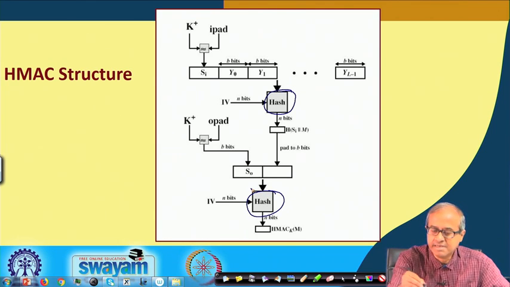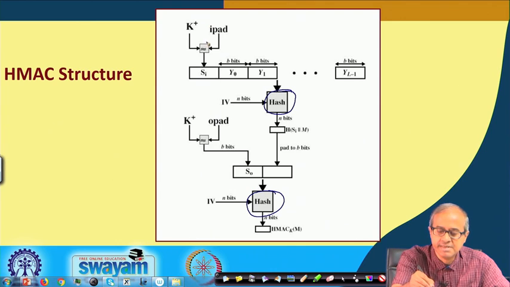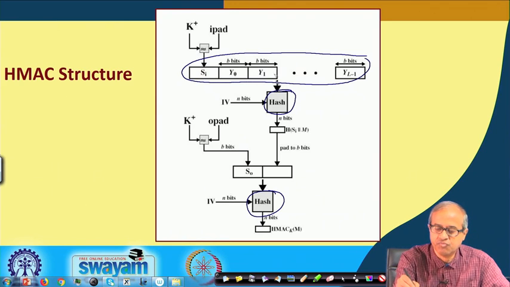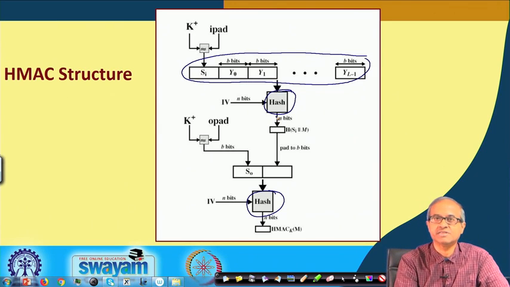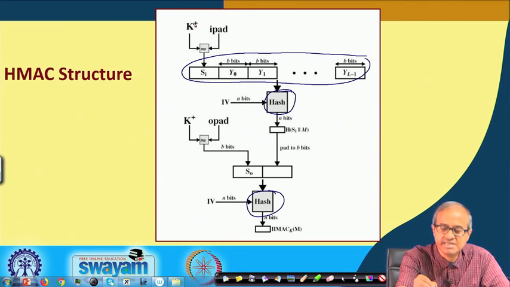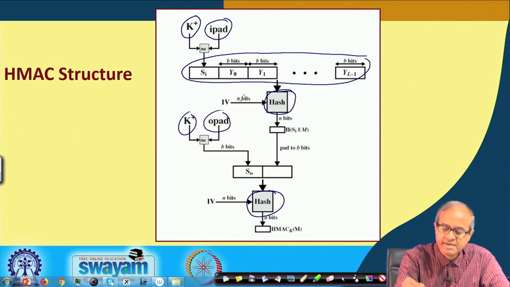Now, you can see this padding is done, these are the initial bits, you are dividing them into different blocks and one block at a time is being fed to this particular hash function. So, using the same principle, there is a key, there is a pad, that p and q you are using, in both these steps.